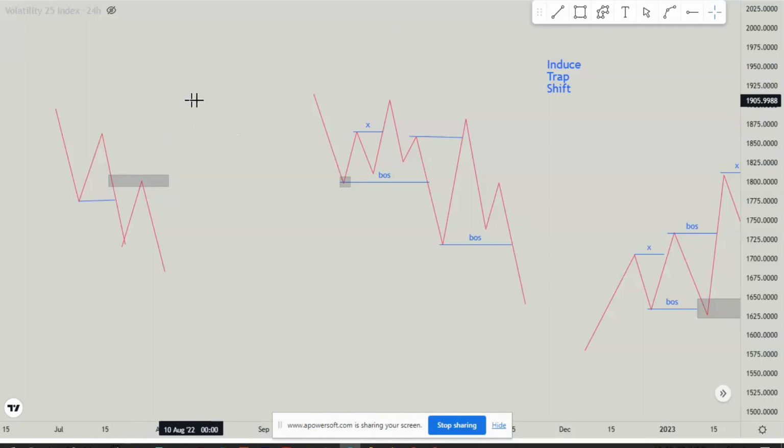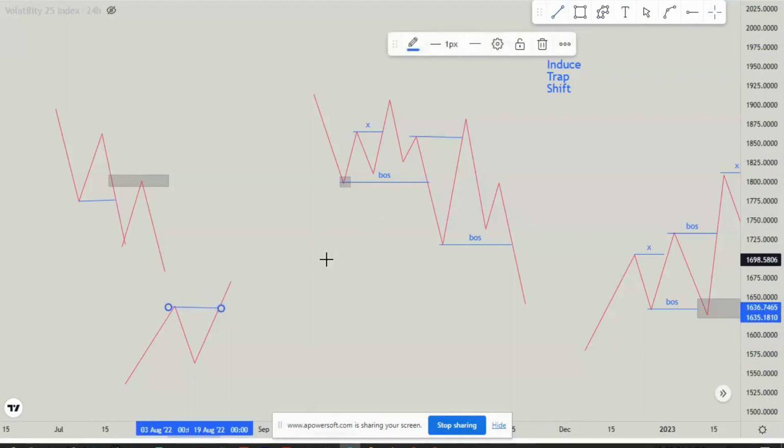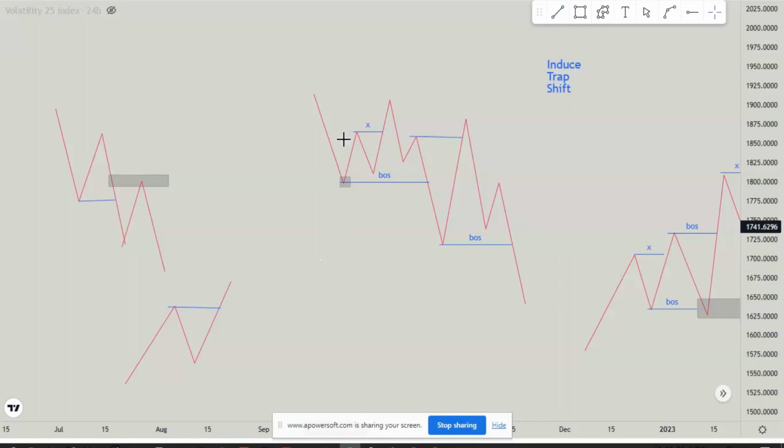Now let's go for a simple market structure for a bullish market. In a bullish market, we believe we move like that. The moment we come and break a structure there, we have a break of market structure. Now we start to think of order blocks, and those order blocks are going to be along that path.